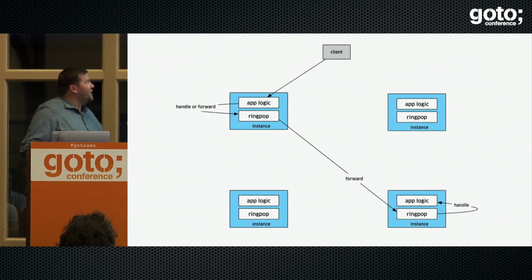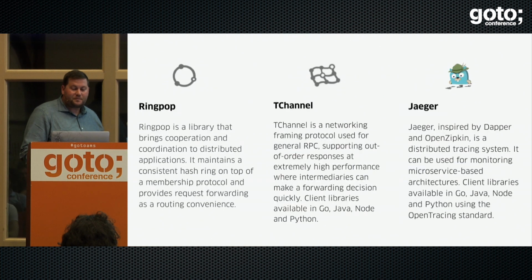And so it looks a lot like this. For every node instance you run a RingPop client, and this RingPop client can understand which requests this instance can service. So I can handle requests for this particular location or for this particular service. And so this allowed us to easily decide how we wanted to shard the backend, but manage it all at the application level. And so RingPop is written in Node.js, and we have clients for a variety of languages.